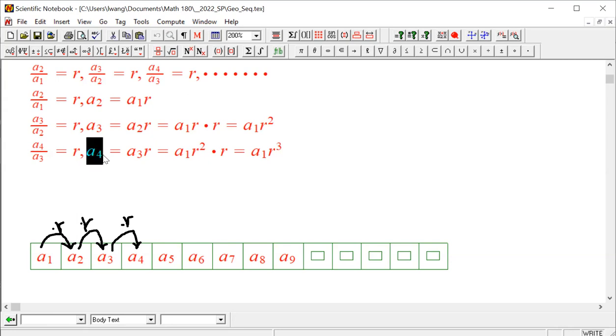So a sub 4 equals a sub 1 times r times r times r, 3 times. This pattern will keep going forever and ever. So let's see what other pattern we can see.